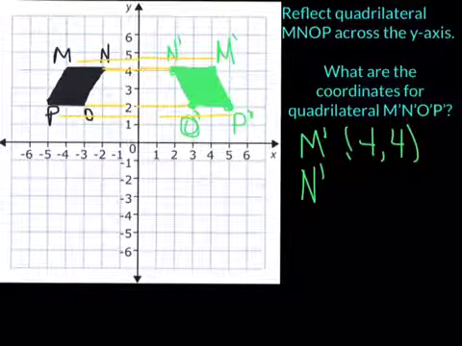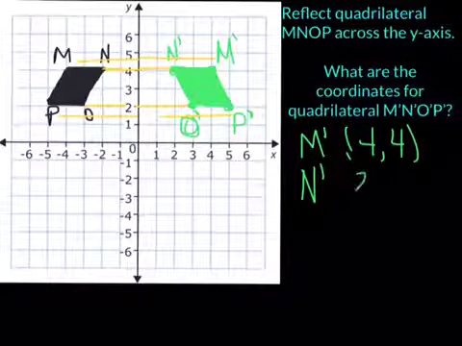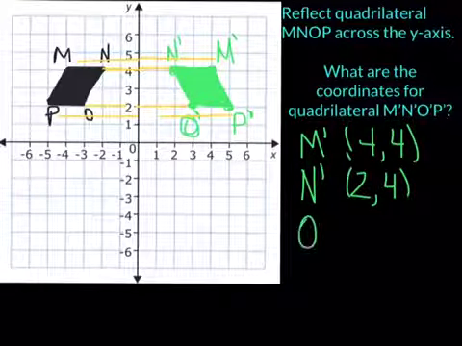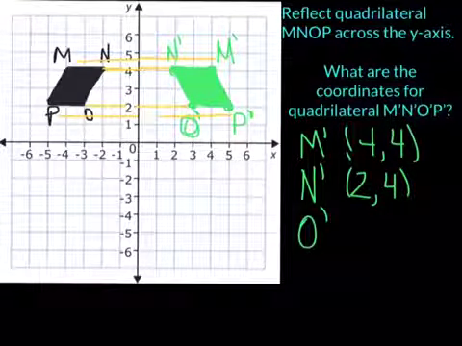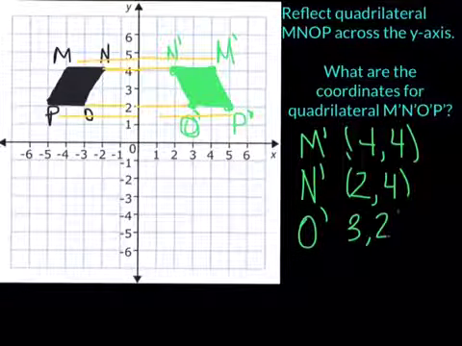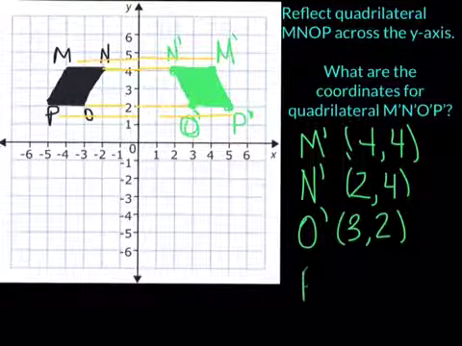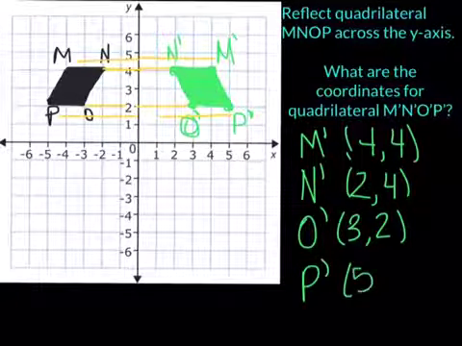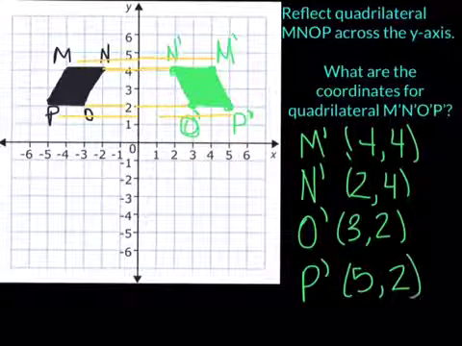N prime is at over 2, up 4. So we have 2, 4. Then I have O prime, which is at over 3, up 2. And last one is P prime, which is over 5, up 2.